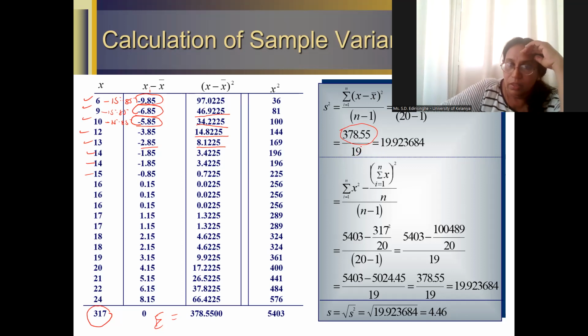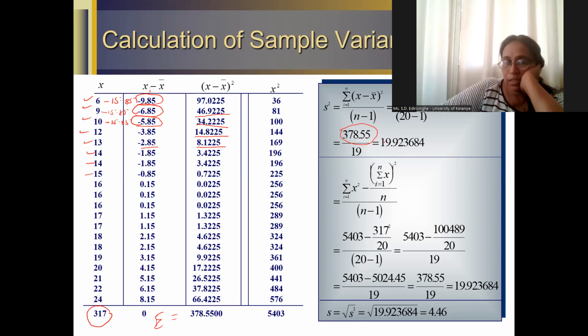Okay. So now you can find s squared, that means sample variance, that is 378.55 divided by 19, equal to 19.923684 to four decimal places, so you can keep the answer.